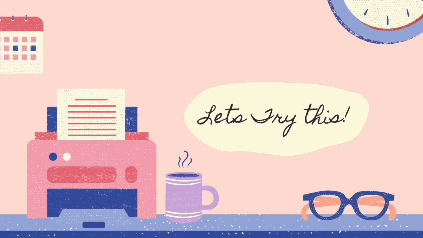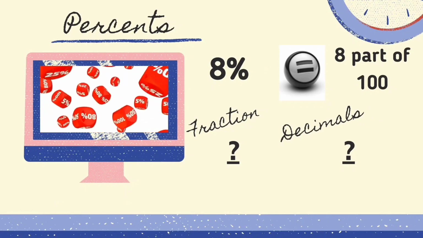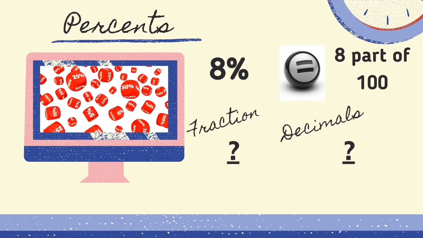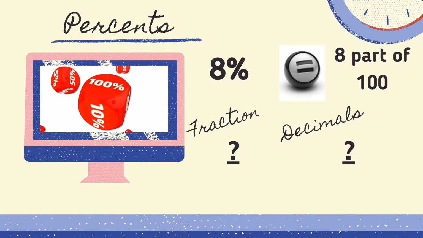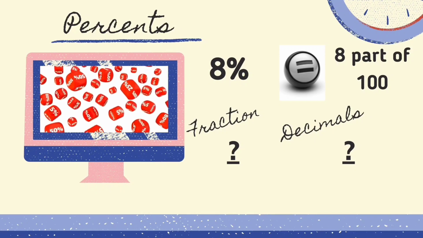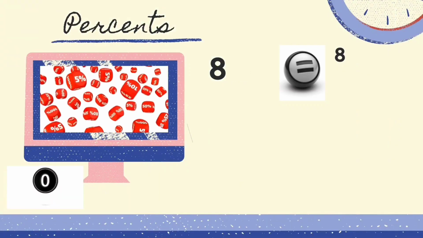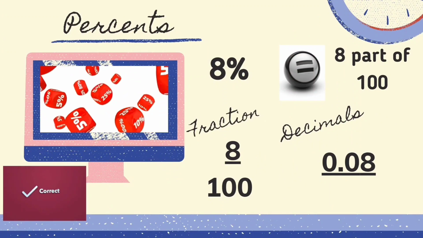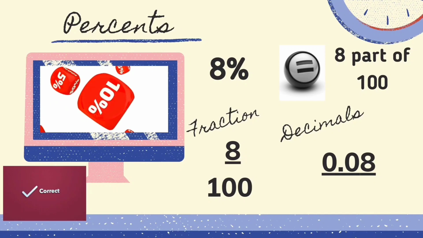Okay, so let's try another example. So how do we convert percent into fraction and into decimals? So 8% is equal to 8 parts of 100. So if that is 8 parts of 100, the fractional part will be 8 over 100, because 8 is a part of 100.